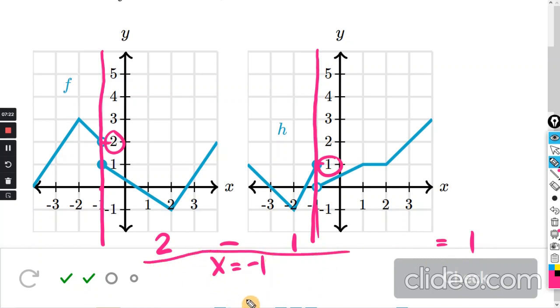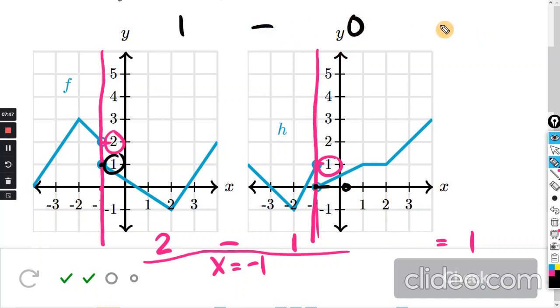And now we'll do it from the positive side, approaching x equals -1. From the positive side, we land right there. That's y equals 1. On the other graph, from the positive side, going to x equals -1, we land here. That is 0.